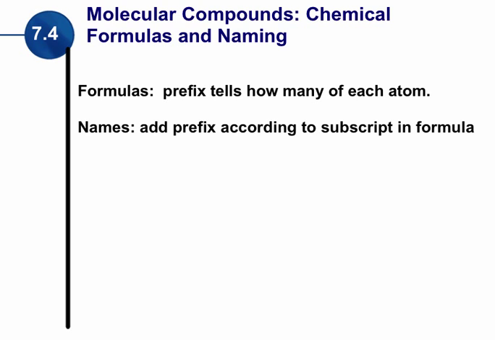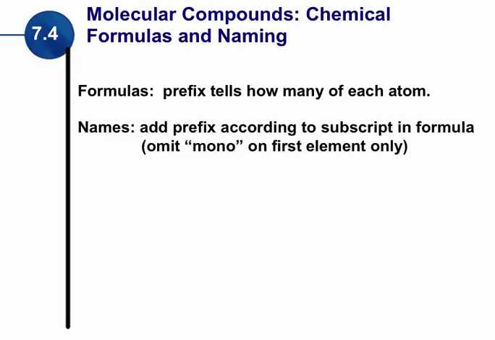And if we are trying to write the name of a chemical formula, we need to add a prefix according to the subscript in the formula. And we're going to do a couple examples to make that clear. The one exception to this is if we have a compound that only has one first element, we are not going to use mono. And that's going to become clear as we do an example.